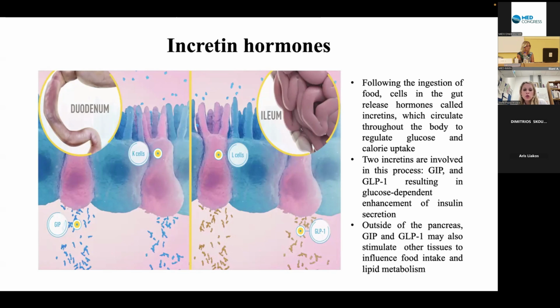GIP is produced in the duodenum in K cells, whereas GLP-1 is produced in the ileum through L cells. Both GIP and GLP-1 result in glucose-dependent enhancement of insulin secretion, and outside of the pancreas, GIP and GLP-1 may also stimulate other tissues to influence food intake and lipid metabolism.